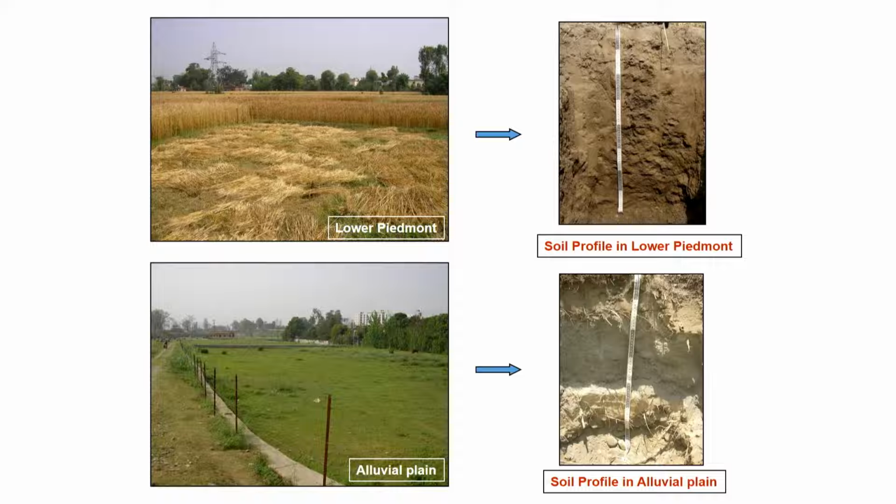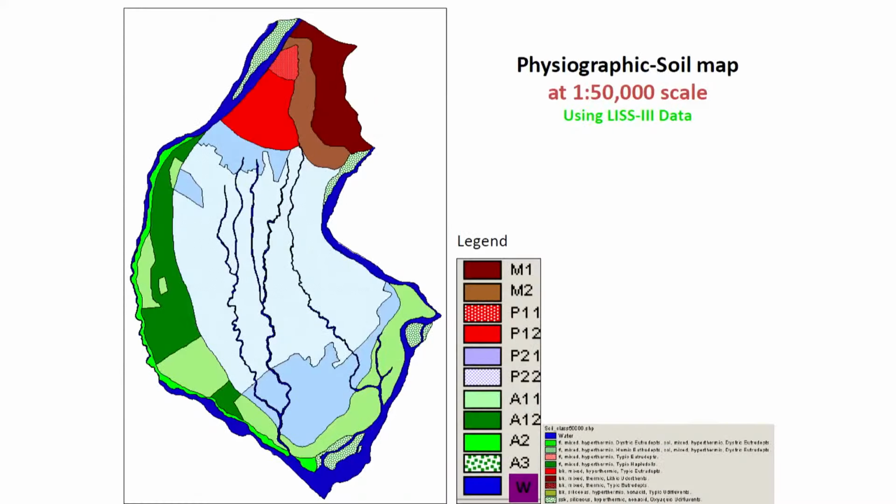But where to take soil samples? This soil landscape analysis will help you identify the location for soil sampling, and how much area that location's samples will represent, that also you will get to know.